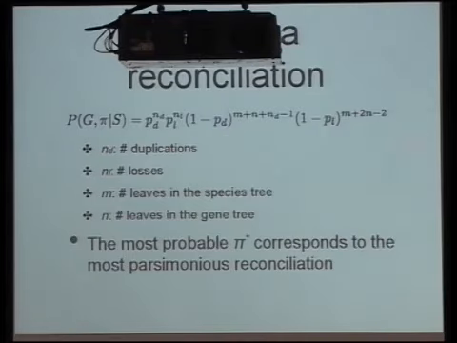We can calculate this, where ND is the number of duplications and L is the number of losses. M is the number of leaves in the species tree, and N is the number of leaves in the gene tree. And we can further prove that the most probable derivation, this pi star, corresponds to the most parsimonious tree reconciliation.